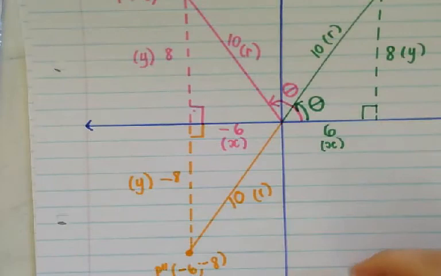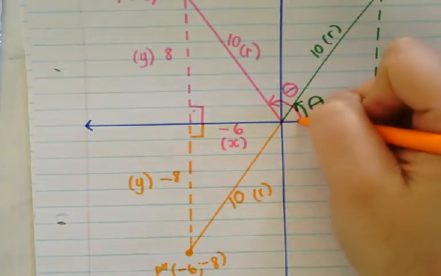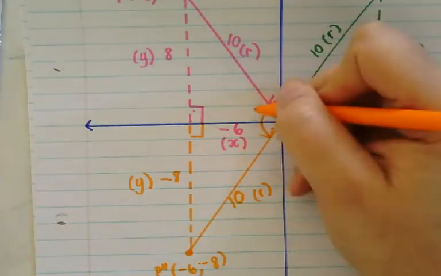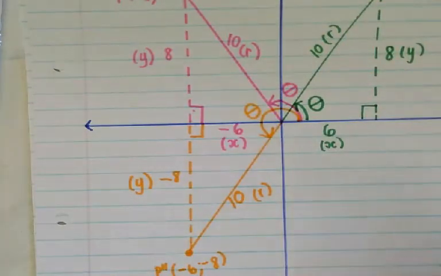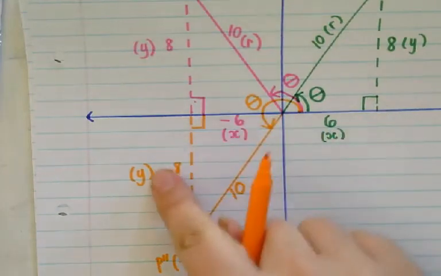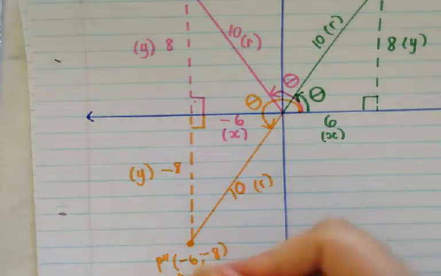So let's write down our trig ratios, sine, tan, and cos. And I said to you, my angle is always going from here all the way around until I touch the line. So now I have an orange theta. That means opposite my theta is still y. My r is still my hypotenuse. My x is still my adjacent.